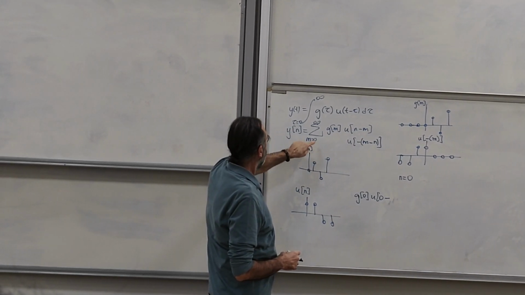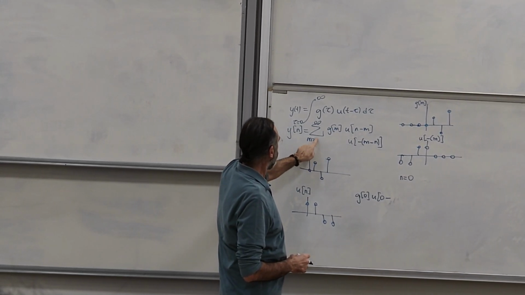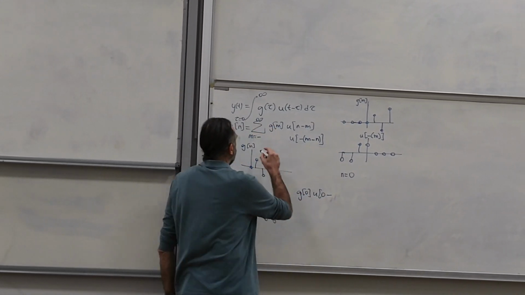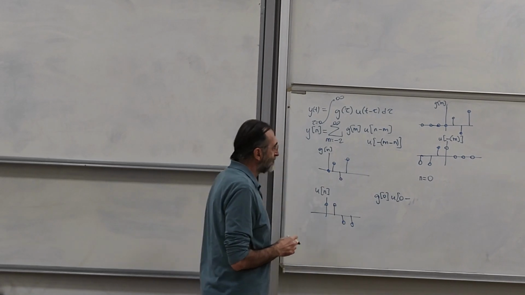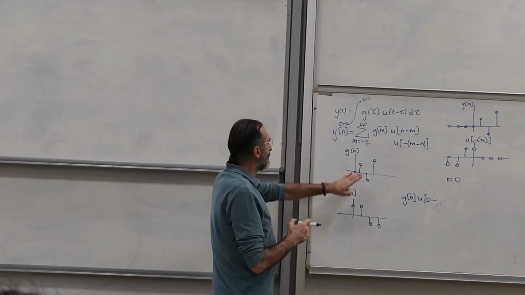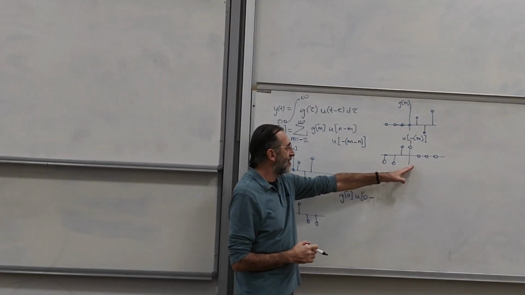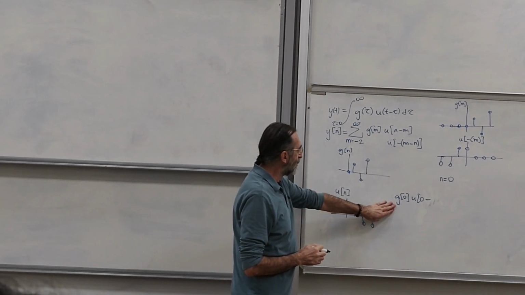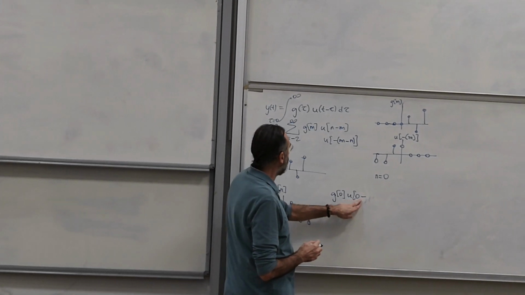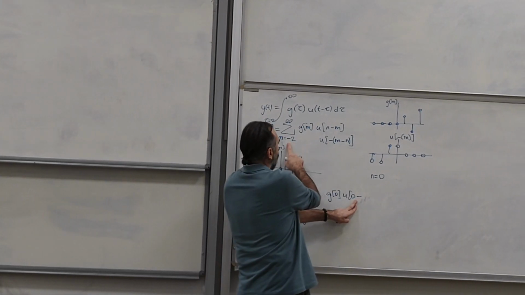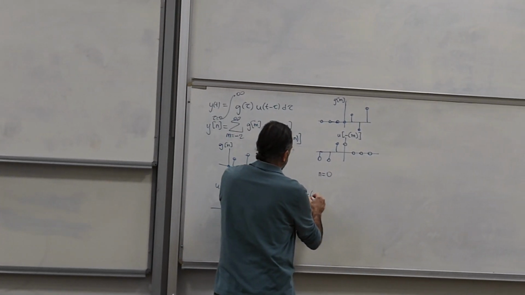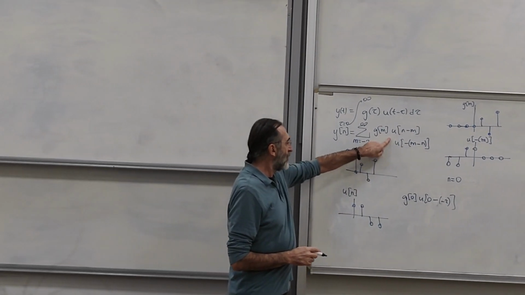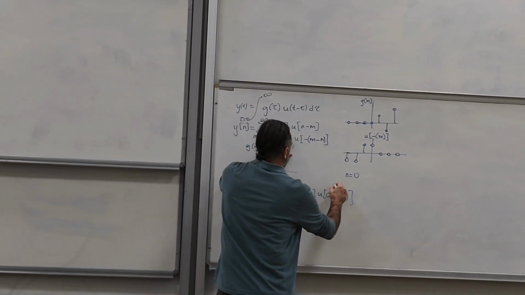I have not from 0, see that's one example, minus 2. That's one example of why we want to start time before time equals 0. So, g of 0, u of 0 minus the first value of n, minus 2. Right? That's for n equals minus 2.